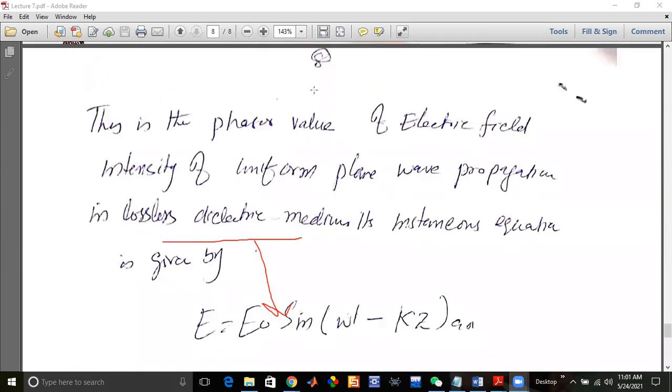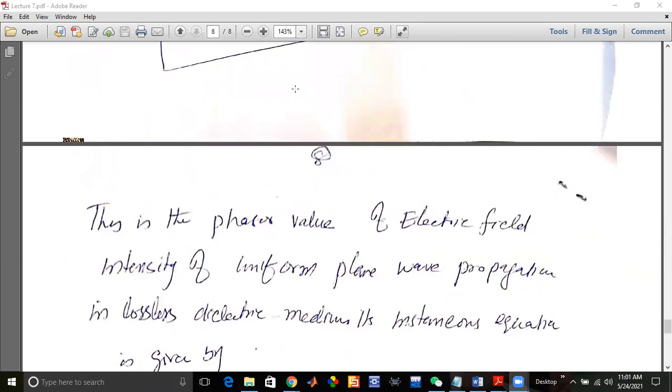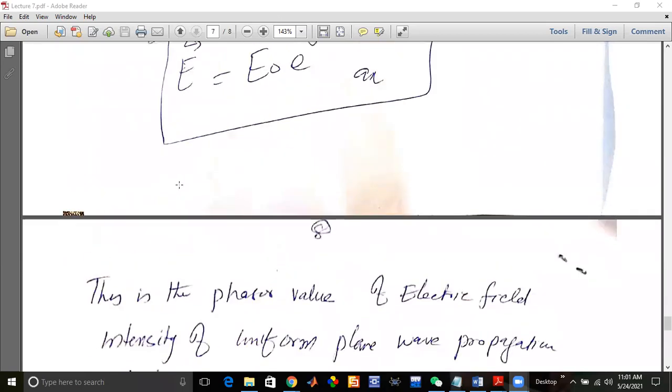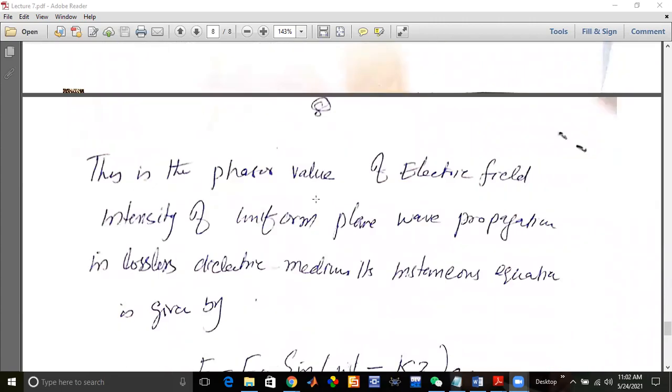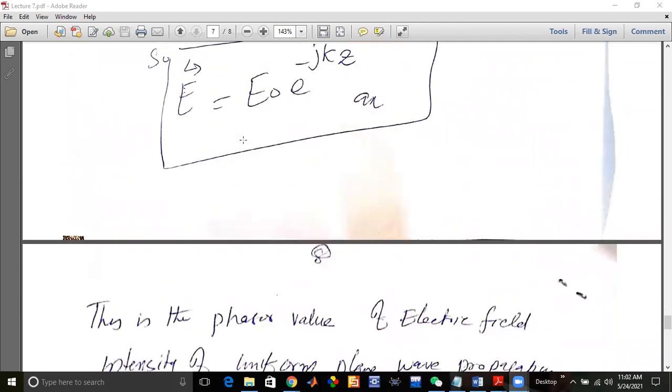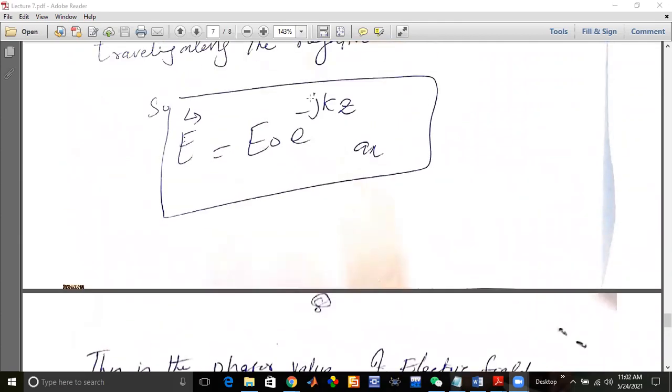And you may also have studied in signals and systems that this is called Euler form and this is called sinusoidal form. So how will we convert this? This is a very simple rule: write E naught sine omega t and write this.